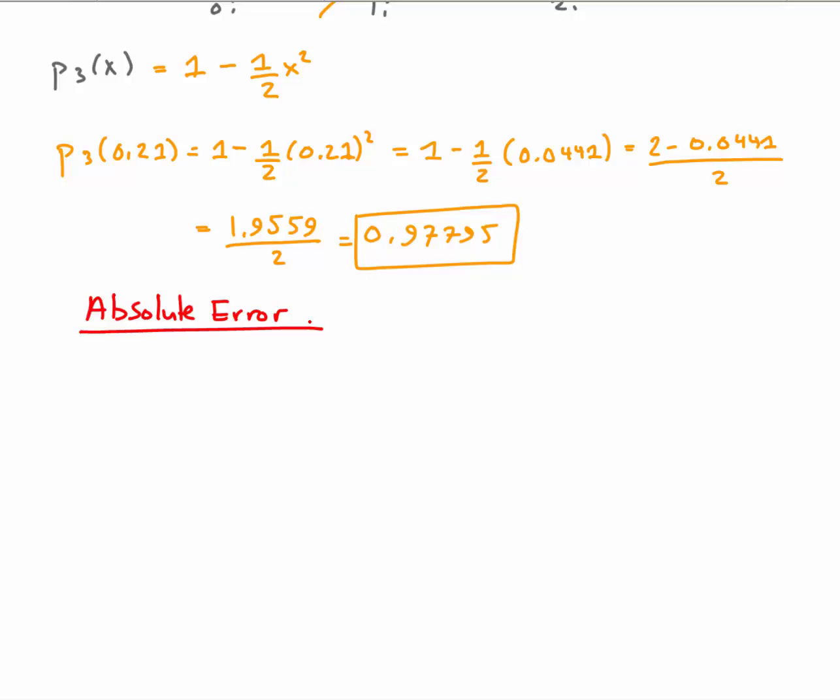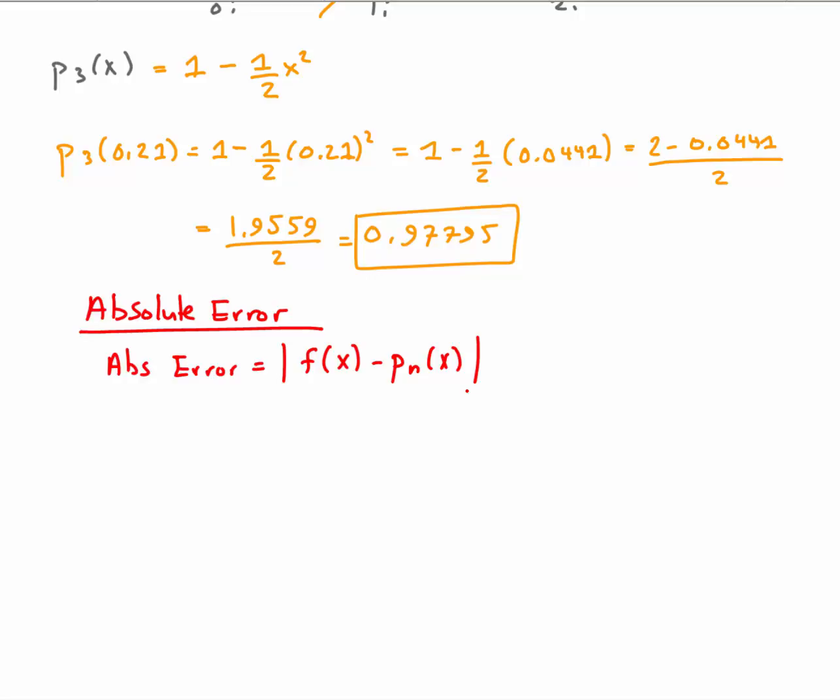The formula for absolute error, let's go ahead and write that out formally because we haven't actually done one of these problems yet. But the formula for absolute error, as you might imagine, involves an absolute value. So it's going to be looking at the absolute value of f of whatever my value is, in this case 0.21, minus my estimate Pn of x.